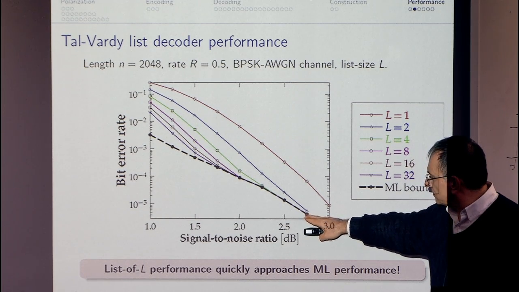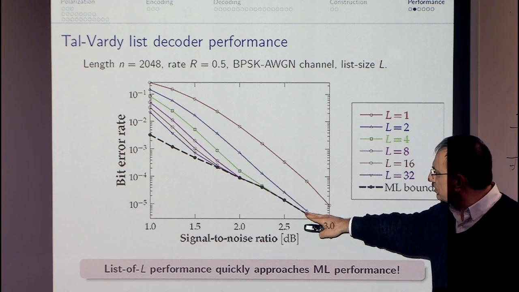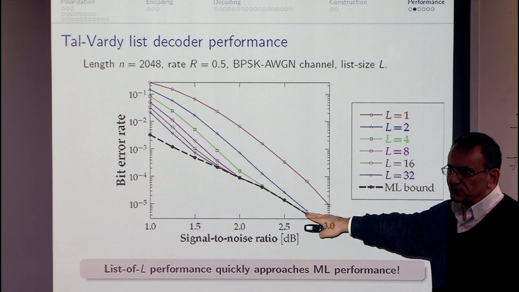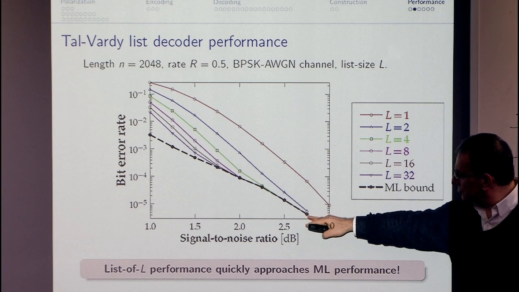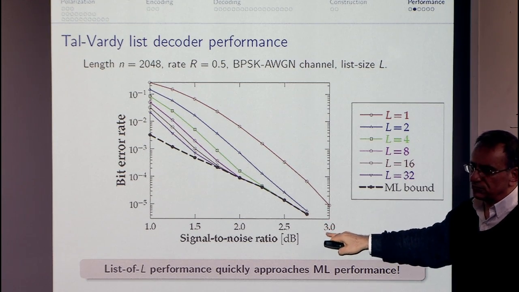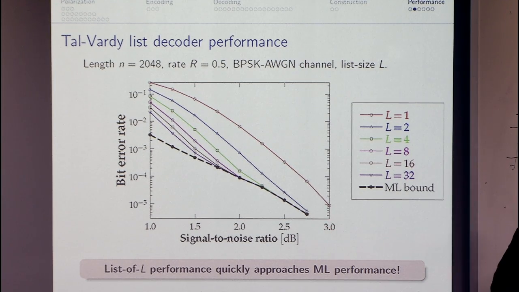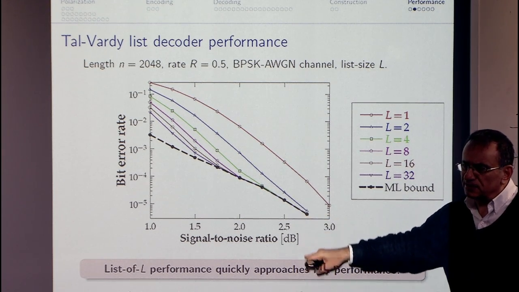So this thing is due to the poor minimum distance of the polar code. The reason why it hits this sort of error floor, let's call it error floor, is because the minimum distance grows only as square root of n. When I say only, it's still much better than LDPC codes, which aggressively try to achieve capacity, because there the minimum distance goes to a finite number.